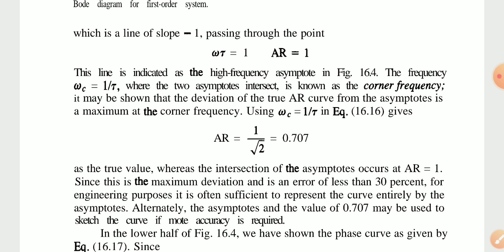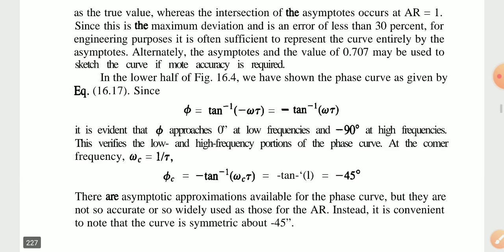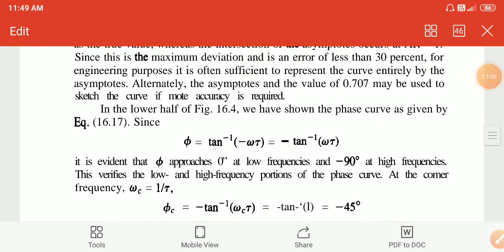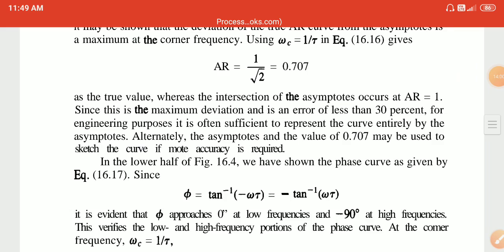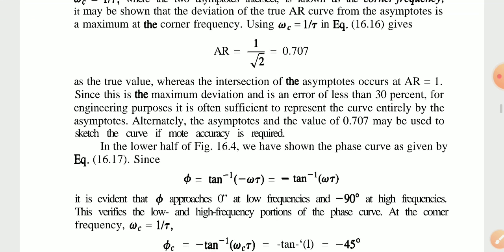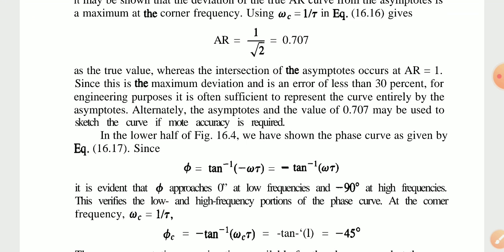This equation gives an amplitude ratio equal to 1 by under root 2, which is 0.707, as the true value for this Bode diagram. In the previous lecture we saw first order systems in series, and we will discuss that in detail. For the true curve, the AR is equal to 1 by under root 2, a value of 0.707, whereas the intersection of the asymptotes occurs at an amplitude ratio equal to 1.